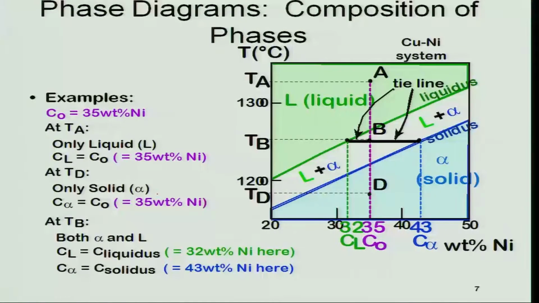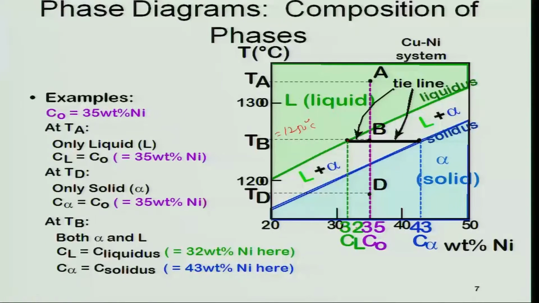So now, if I apply the lever rule, let us do that. Suppose I have an alloy which contains 35 weight percent of nickel, and I want to apply the lever rule at a temperature Tb, between 1200 and 1300, let us suppose 1250. So what do I do? I draw a horizontal line, which is known as the tie line, which connects the liquidus and solidus, and it intersects them at these points.